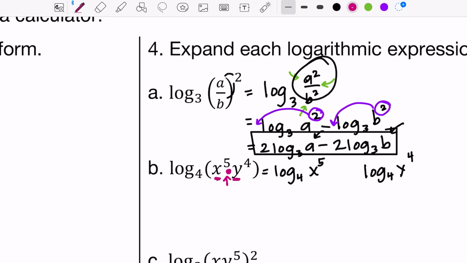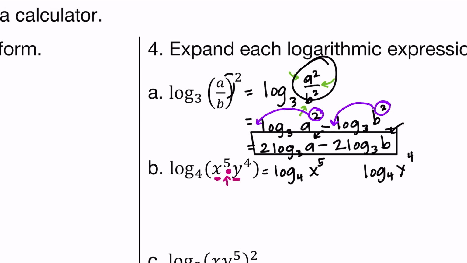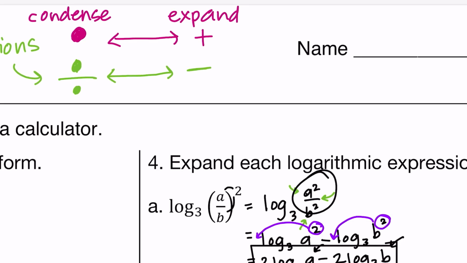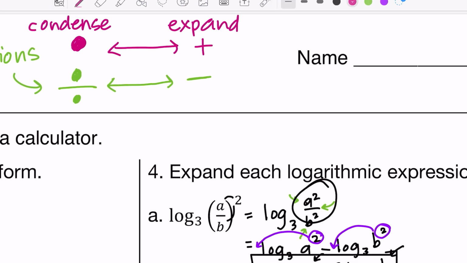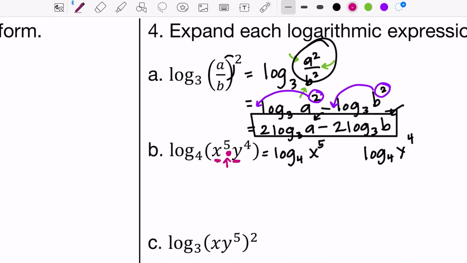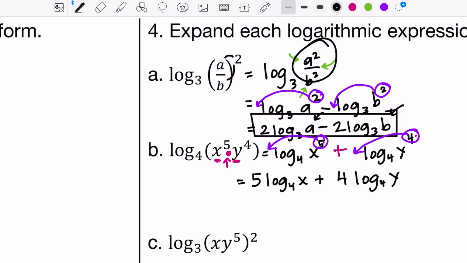Well, because we are multiplying between them, and we already wrote down, if you are going to expand, multiplying goes to addition. So that is what we're going to do here. This is going to be just a plus sign right there. We look like we're done, but we're not quite done because, again, when you're expanding, you don't want these baby exponents right here. So what we're going to do is bring them down in front to get our final answer. So it's going to be 5 log base 4 of x plus 4 log base 4 of y.